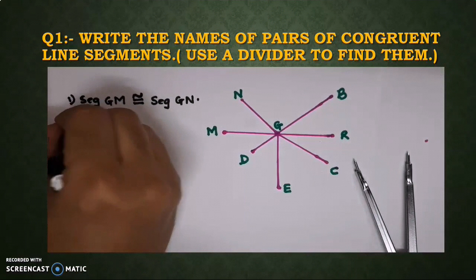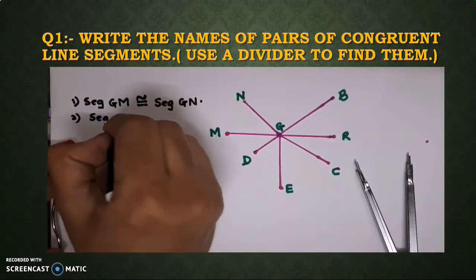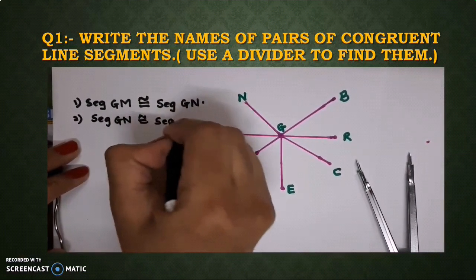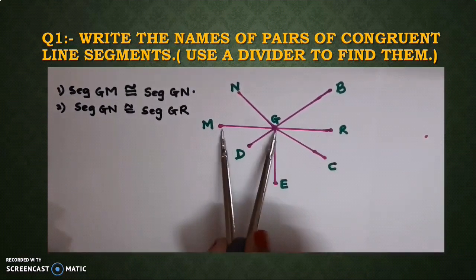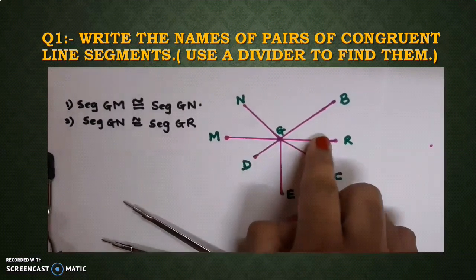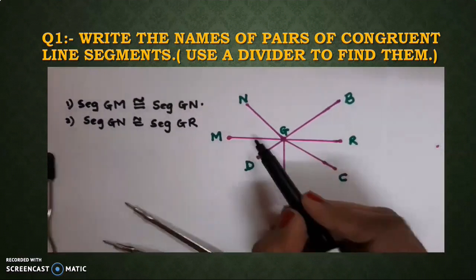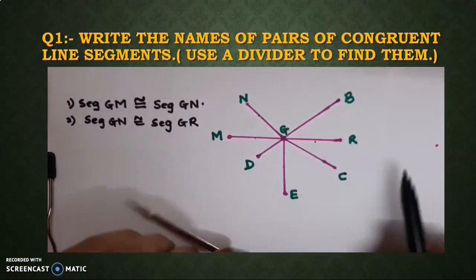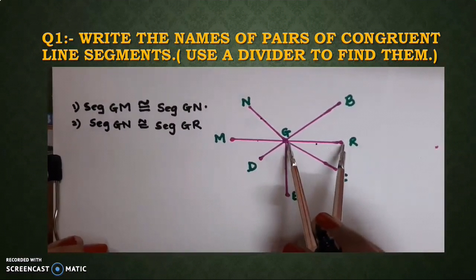So second we will write segment GN is congruent with segment GR. Now, as all three segments have the same length, if I give these segments the names 1, 2, 3, we wrote GM is congruent with GN, then we wrote GN is congruent with GR. But if we see, GM and GR also have the same length.